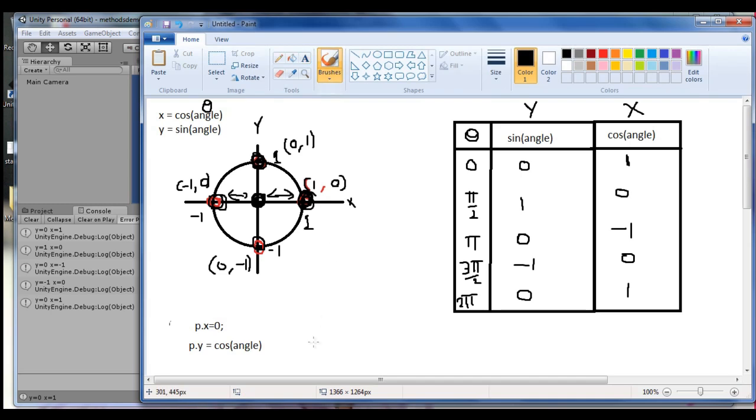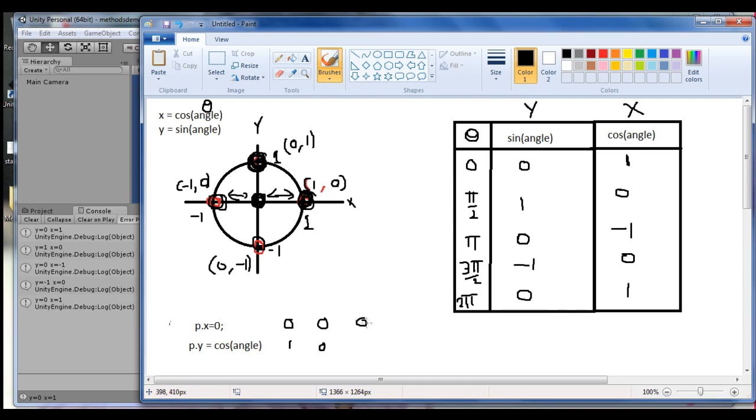Then x will anyhow be 0, right, always. Cos of 0 is 1. So as cos of 0 is 1, that is why, when you apply it, the object will be over here, right? Then x will be 0 only, okay. Next, cos of 90 is 0, right? So you are going to get 0. 0 means the object will be over here, right?